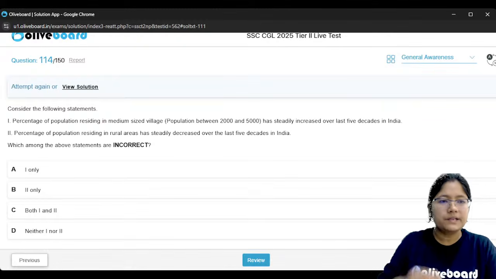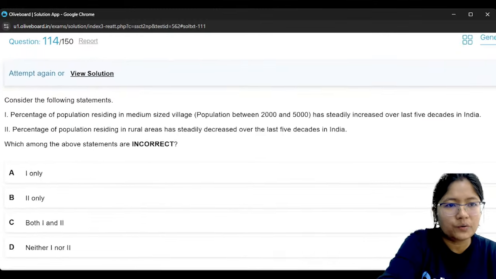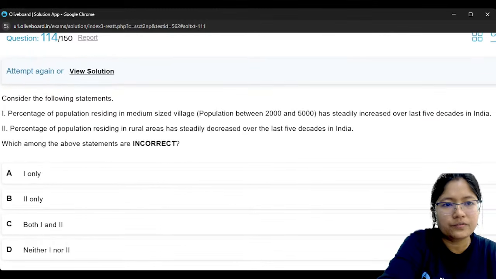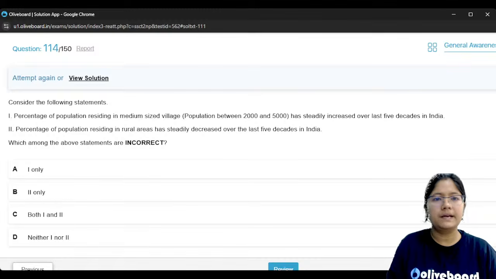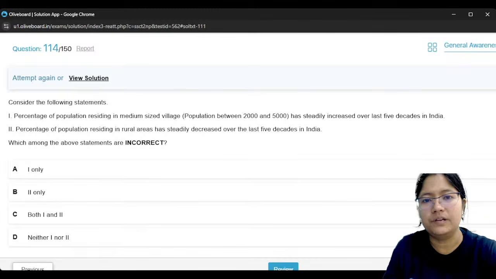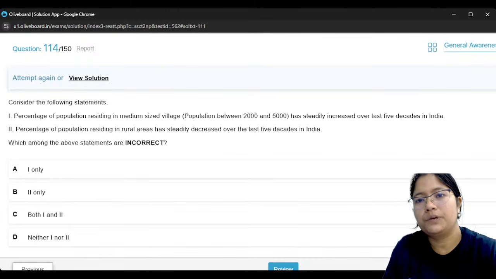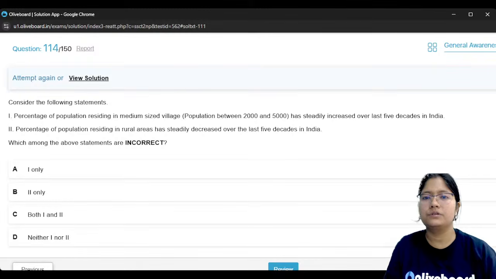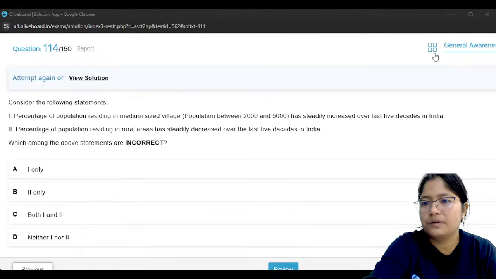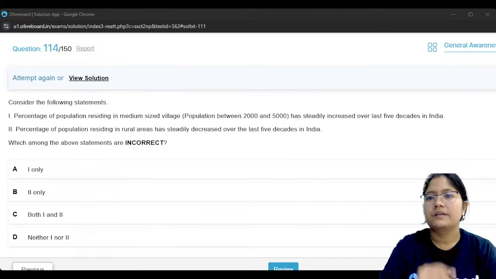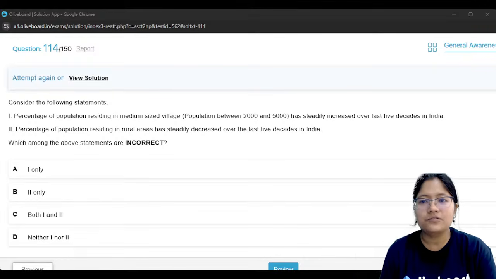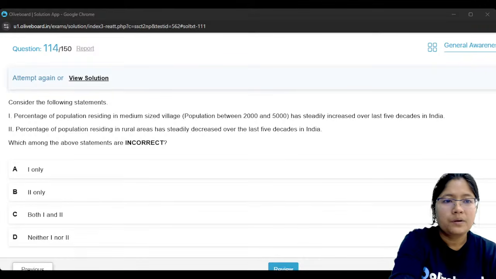Okay. So the next question is, consider the following statements. Percentage of population residing in medium-sized villages, that is population between 2000 to 5000, has steadily increased over last 5 decades in India.